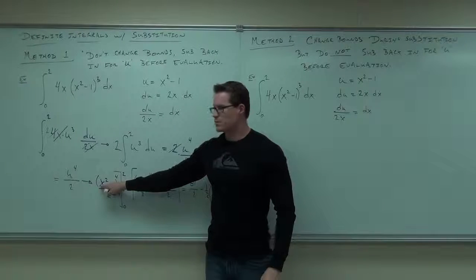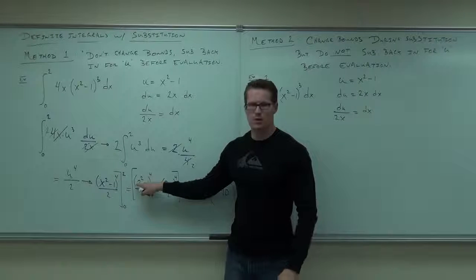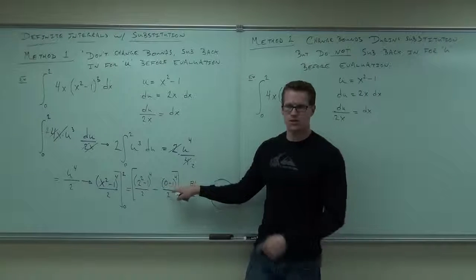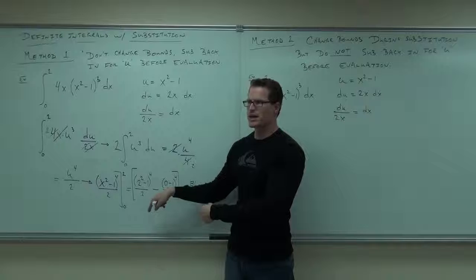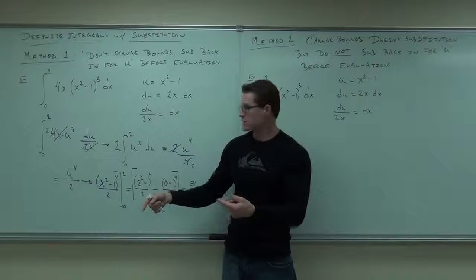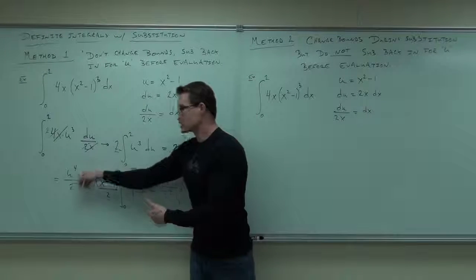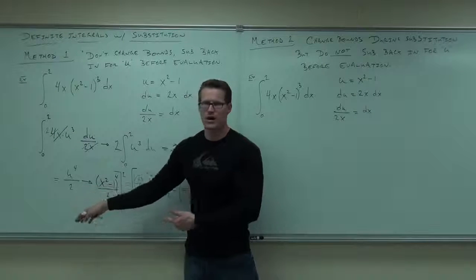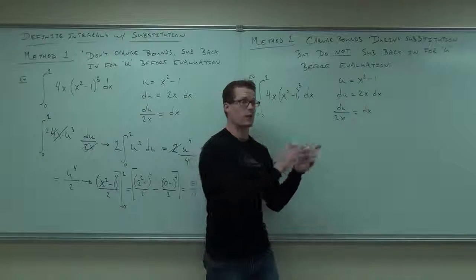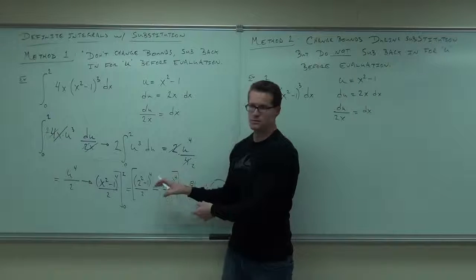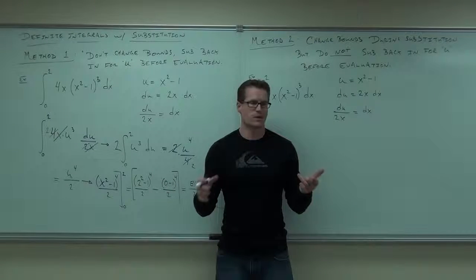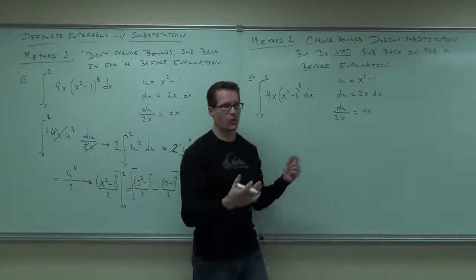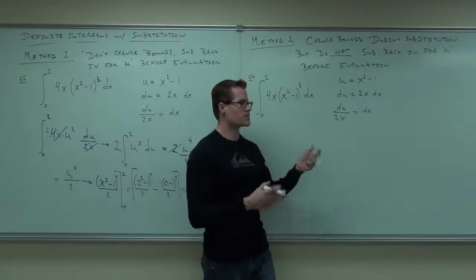We're plugging in 2, 2. We're plugging in 0, 0. It's just within the evaluation process. Here you just do it beforehand, so that when you get your bounds, they're in terms of u, so you don't have to do this step. You just go directly from here. It's basically, do you want to do the work beforehand, or do you want to do the work after? Doesn't matter, you're going to do the work either way. So it's really up to you. Now I'm going to make you learn both. I'm going to tell you what to do, but it's an option for you.